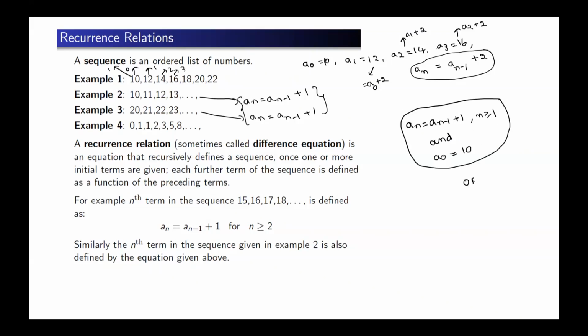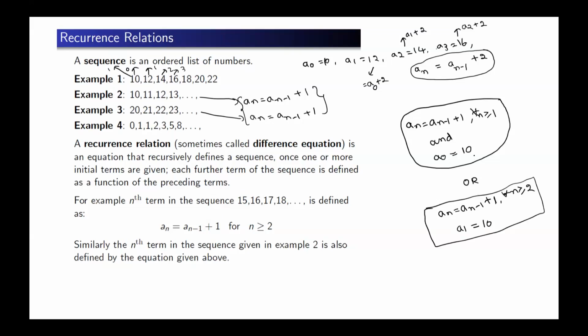We can do it this way, or a_n is a_(n-1) plus 1 for all n greater than or equal to 2, and a1 is 10. This is also correct, no? Both are the same. We can define it like this also.